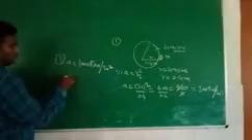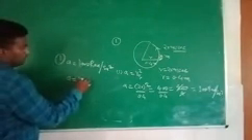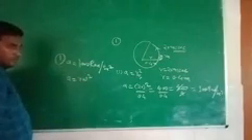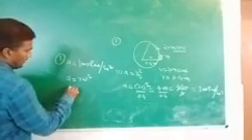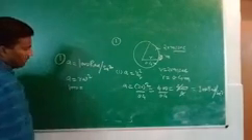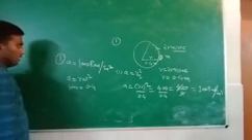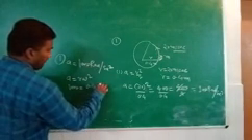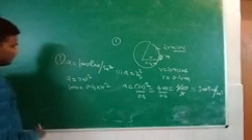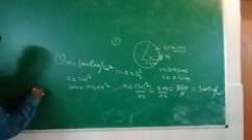Therefore, the new relation is a is equal to r omega square. We put the centripetal acceleration 1000, and we also know the radius is 0.4 meter, and we can easily identify the value of omega.